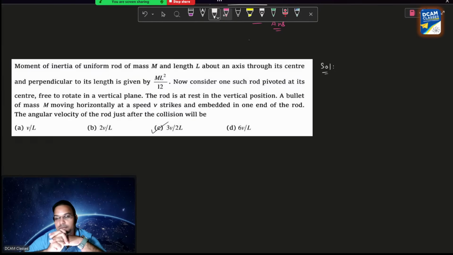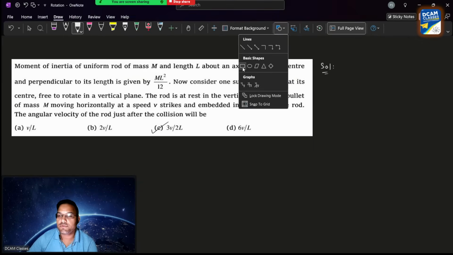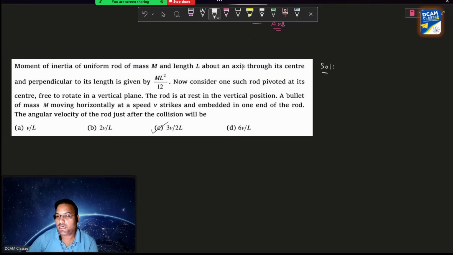What about Kanishka? See how the question is solved. It's again based on conservation of momentum, but how it will be seen. This is your rod. It'll be mv equals m plus the mass of the bullet, because it gets embedded, right?